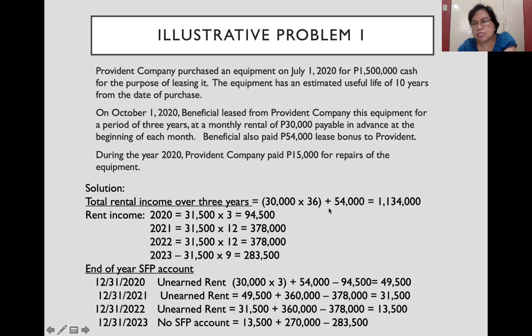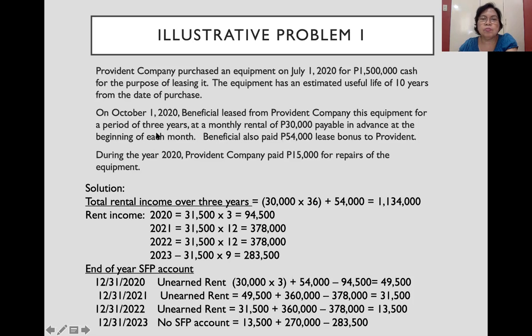That's 36 plus the lease bonus that is provided by the lessee to the lessor, $54,000. Therefore, the total collection by the lessor over the lease term is $1,134,000. So if we are to compute the rental income per month, that is $1,134,000 divided by 36. So it will give us 31,500.